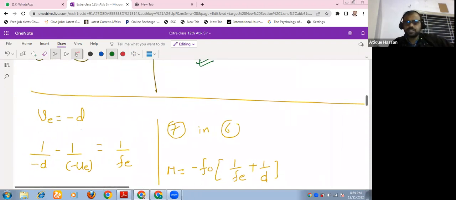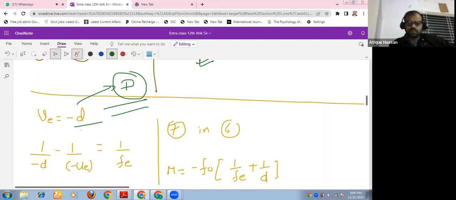And we also know that the image is formed at the least distance of distinct vision. So here we have taken minus small d, but generally if you see in the books, it is taken as capital D. But anyway, we can use small d, but in 90% cases capital D is used, right? So no worries if you are getting the formula somewhere with capital D, that is the same thing.